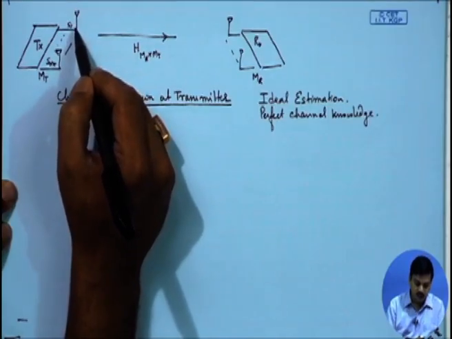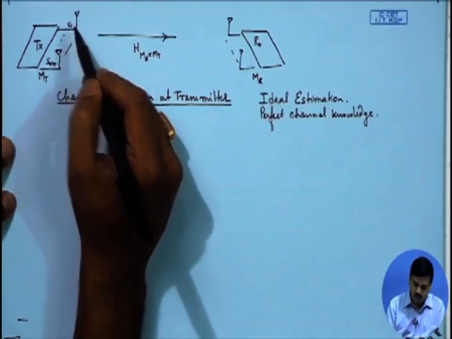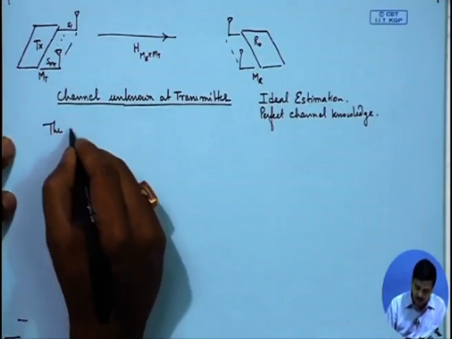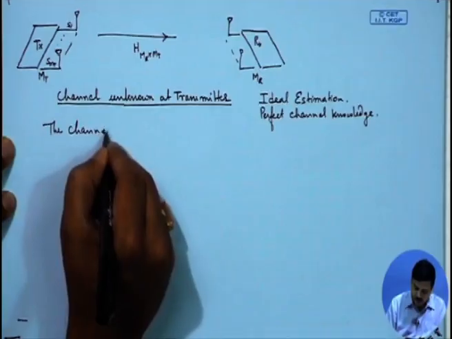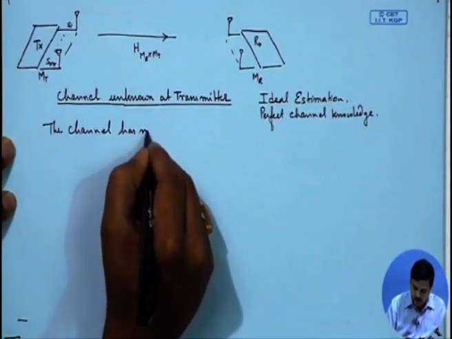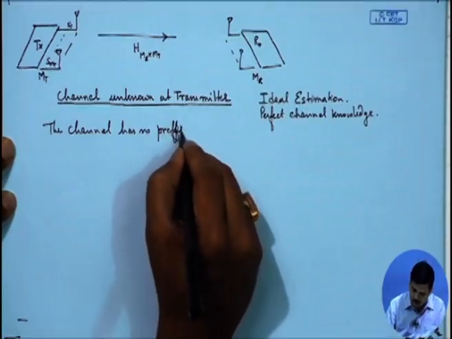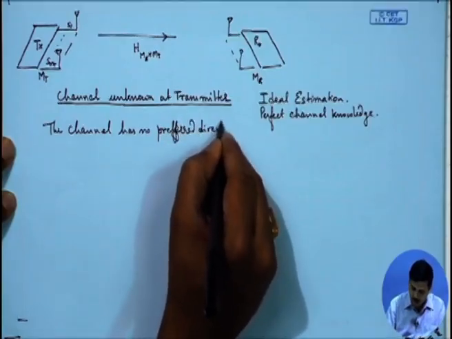Since there is nothing that is known, in other words, we usually say that the channel has no preferred direction.